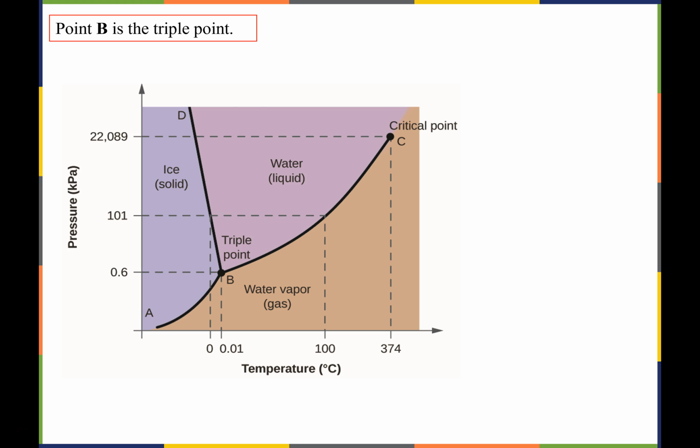Bottom line, the triple point for water is basically 0.01 Celsius, or 0 Celsius. I don't know. Triple point temperature. But the triple point temperature has to have a corresponding triple point pressure, right? Because if I'm at 0.01, if I'm not at 0.6 kilopascals, I'm not at my triple point.